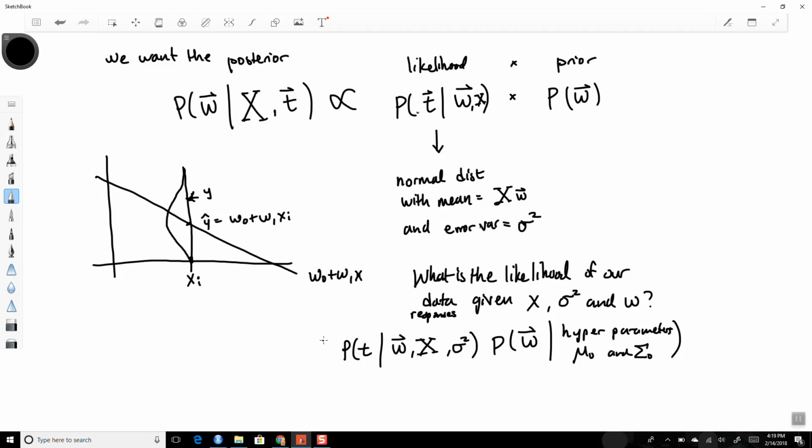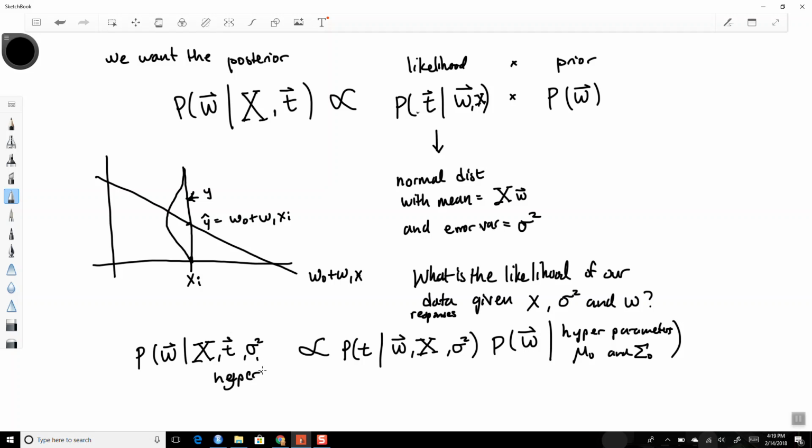Okay, and this is what we are going for: our posterior distribution, w given our x and our t and our sigma squared and the hyperparameters.